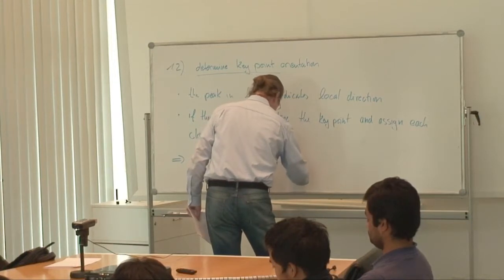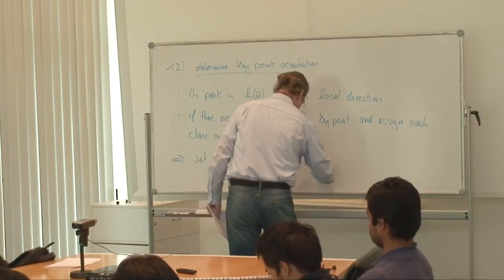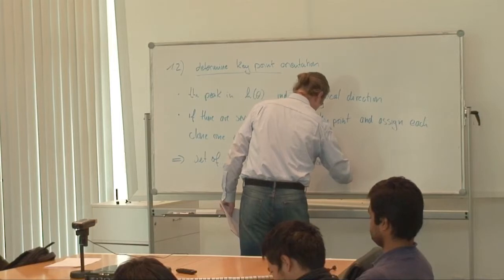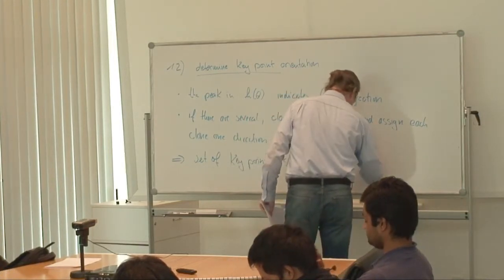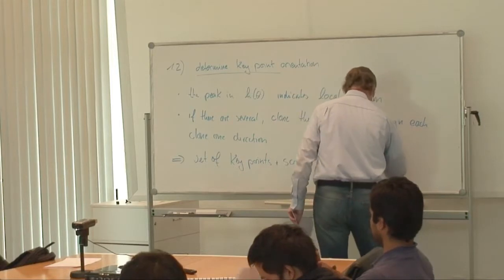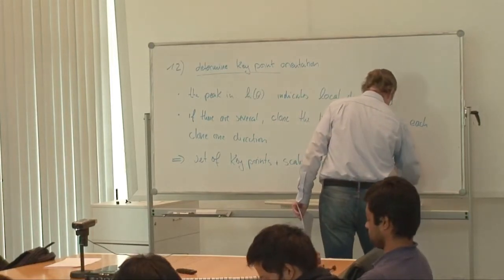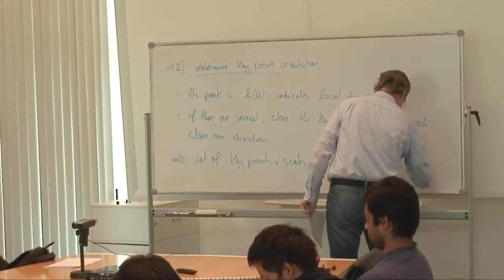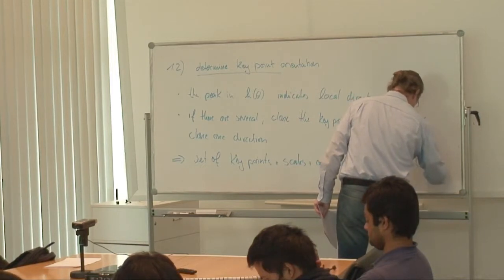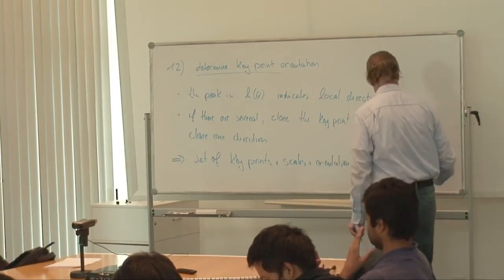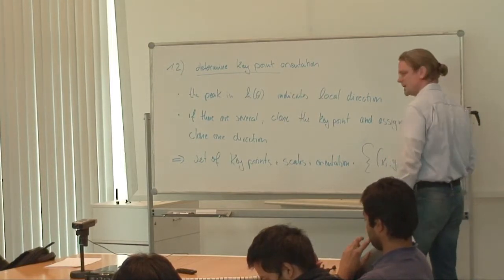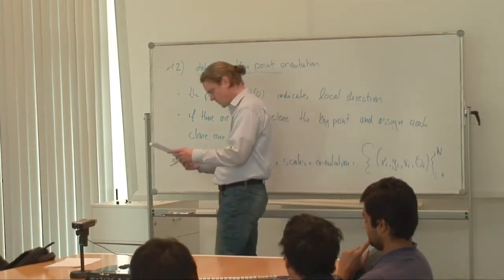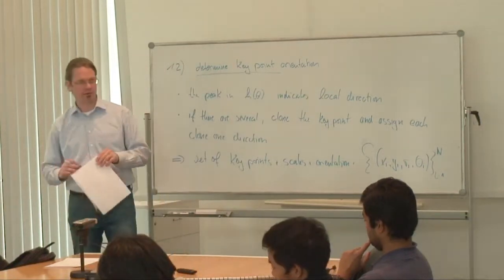with scales and orientation. So that is to say, here we are dealing with a set of points xi, yi, sigma i, and theta i. And the i ranges from 1 up to some capital N now because of the cloning.